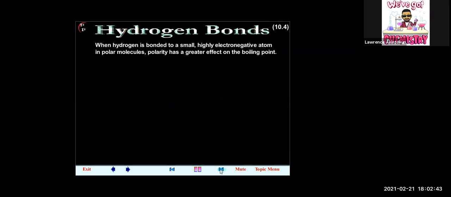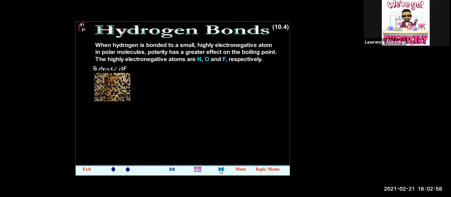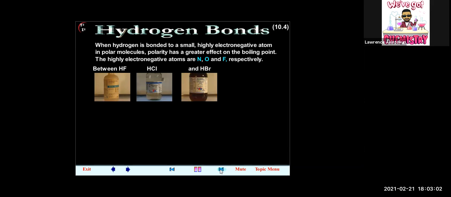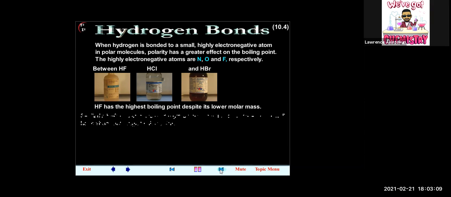When hydrogen is bonded to a small, highly electronegative atom in polar molecules, polarity has a greater effect on the boiling point. The highly electronegative atoms are nitrogen, oxygen, and fluorine, respectively. Between hydrofluoric, hydrochloric, and hydrobromic acid, HF has the highest boiling point despite its lower molar mass.